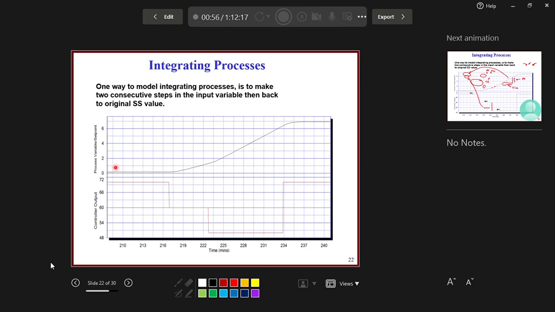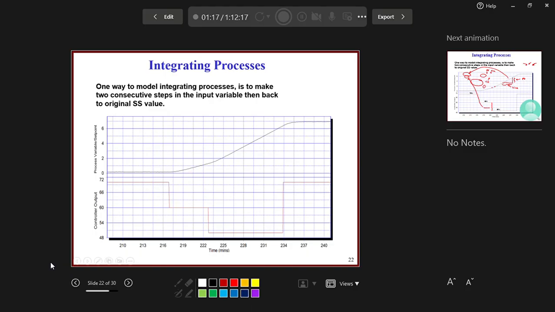Now you can notice also that the output, at this point it started changing with a constant slope. This is an integrating process, and when we did the other step at this particular point, the curve started changing slope. Let me show the pen.